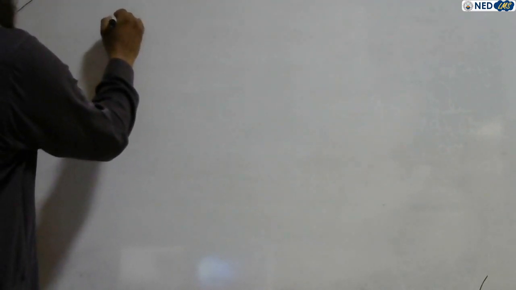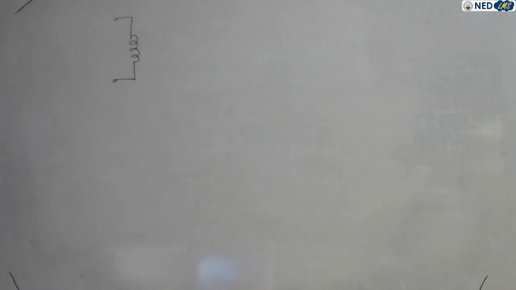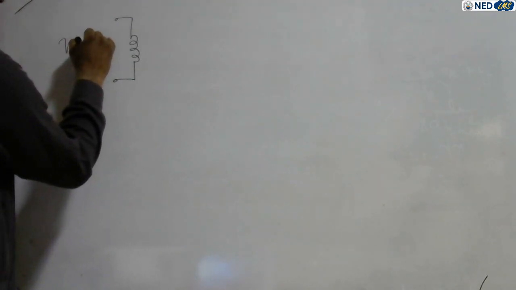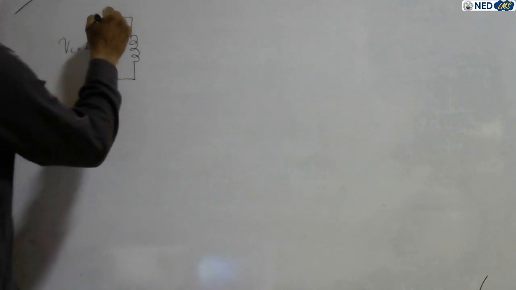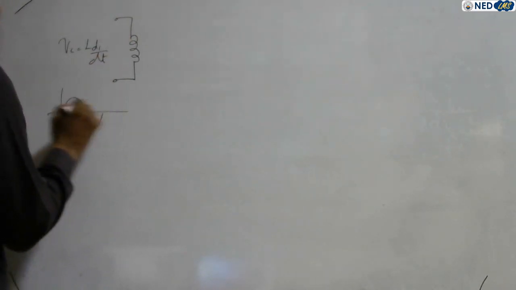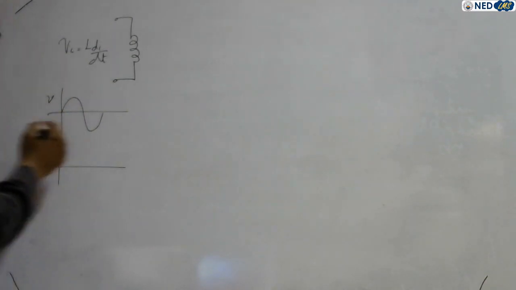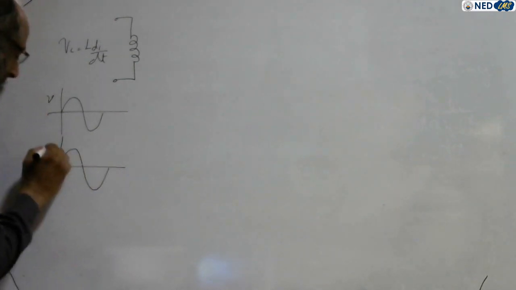Now students, start from self-inductance, or simply start from the inductor. This one is an inductor. The voltage induced in the inductor is L di by dt. For example, a sinusoidal supply is given to the inductor. As a result of the sinusoidal supply, a sinusoidal current will flow through the inductor.